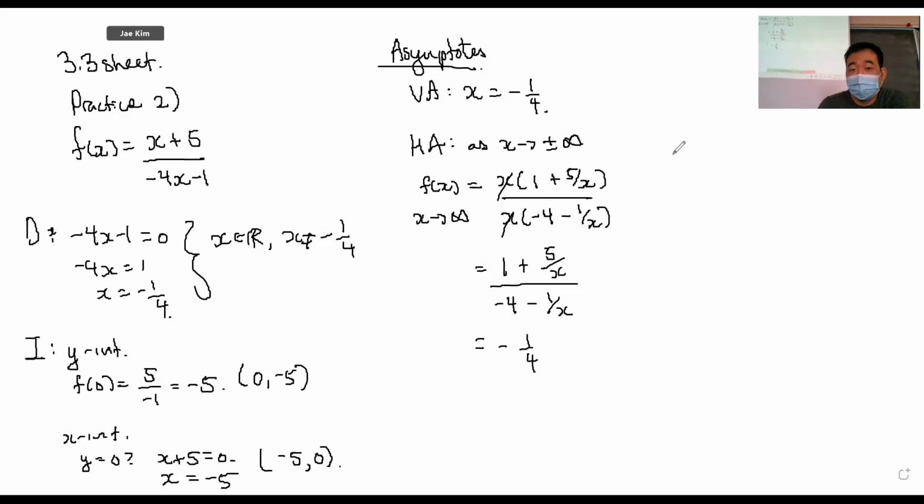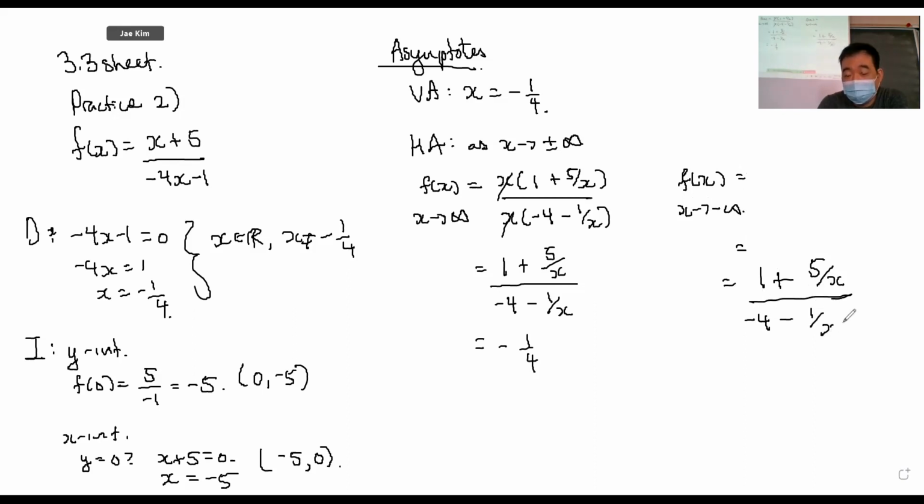Moving on. For f of x, what is it equal to as x approaches a negative infinity? Well, it's the same thing, isn't it? So it equals 1 plus 5 over negative infinity, over negative 4 minus 1 over negative infinity. That's going to be 1 minus 5 over a big number.